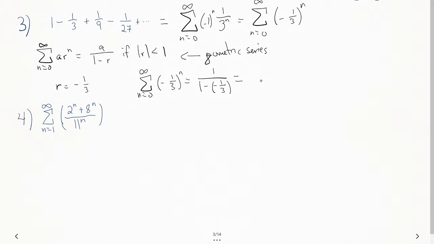So this equals 1 over 4/3, which is equal to 3 over 4. And as soon as we saw that the absolute value of r is less than 1, we knew this was a convergent geometric series.